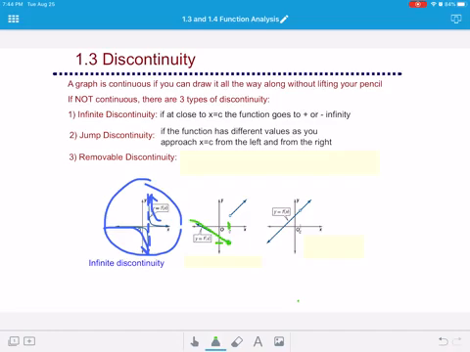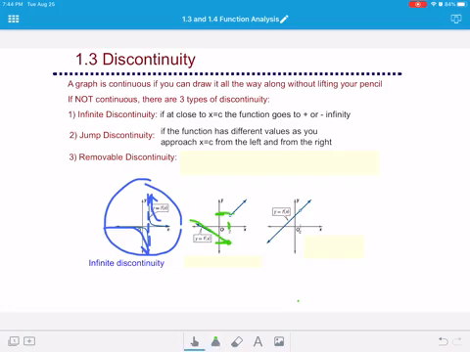But if you were just to the right of x equals 1, at x equals 1.1, your graph would have this value. There's a huge jump there. The function suddenly jumps from one function value to another. That's a jump discontinuity. On the left it has one function value, and really close on the other side it's got a different one.